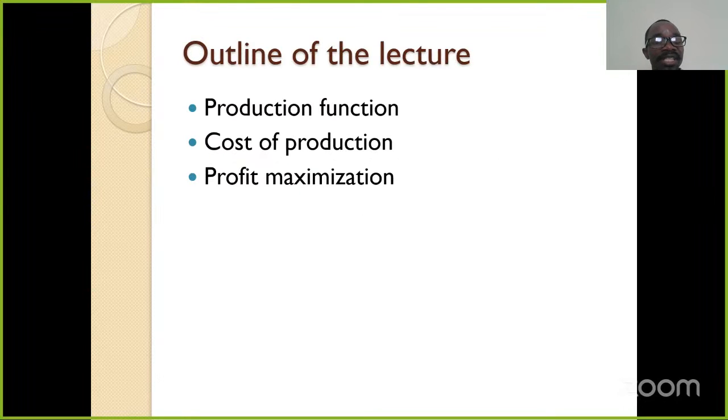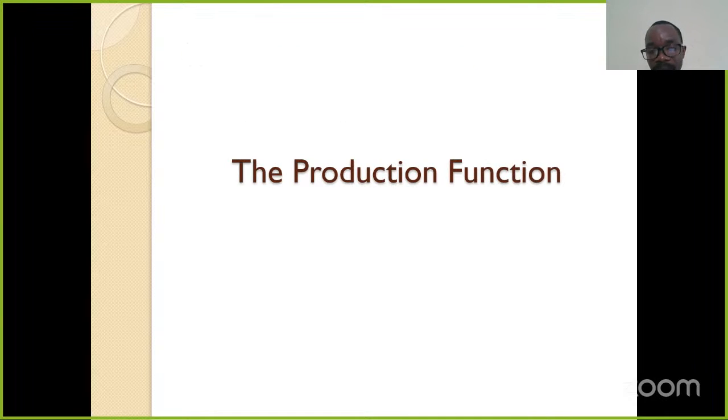The outline of this lecture: we are going to look at the production function, cost of production, and profit maximization. At the end of it all, we shall be able to figure out the economic concepts and techniques that can be applied in business to achieve cost minimization and profit maximization. All right, let's get started.